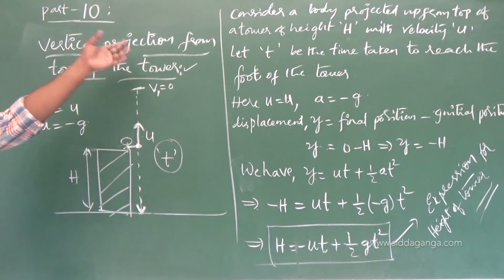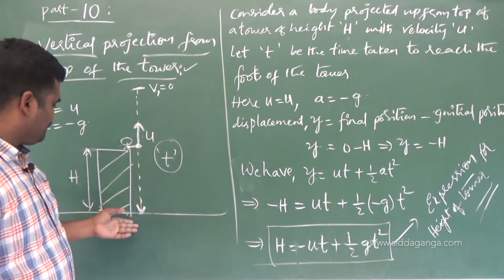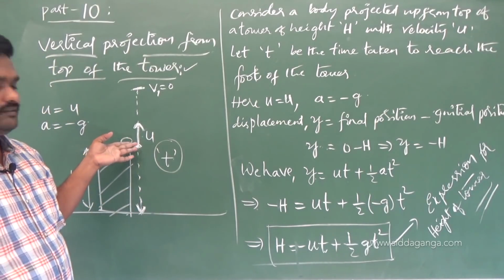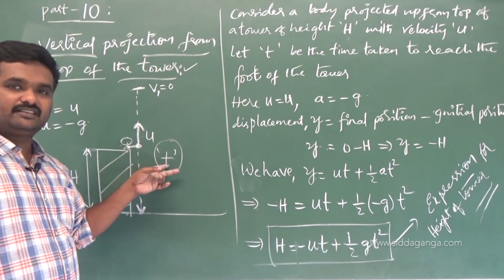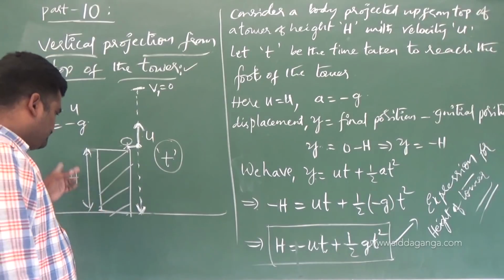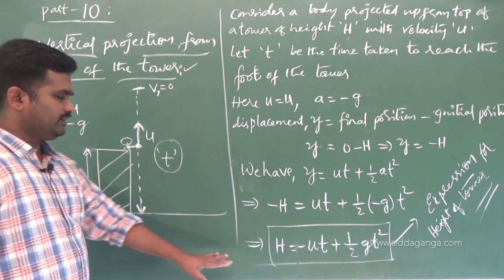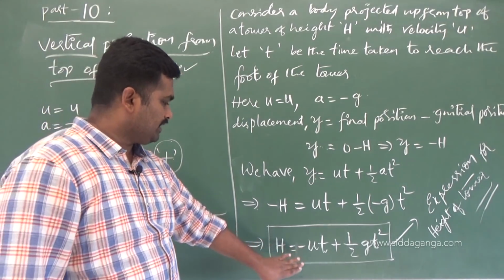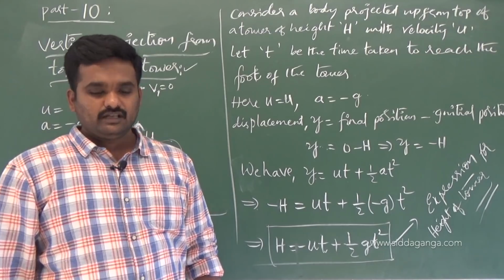See, once again I am going to recall. If a body is thrown vertically up from the top of a tower of height h with a velocity u, it reaches the foot of the tower in a time of t seconds, then the equation corresponding to the height of the tower is h equals minus ut plus half gt square. That is the expression which you have to remember.